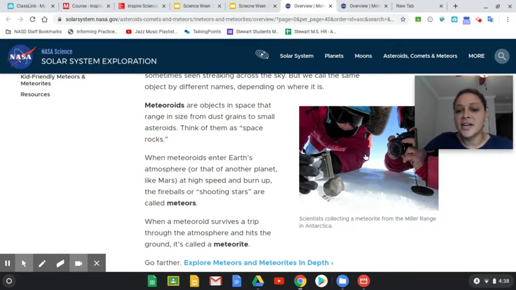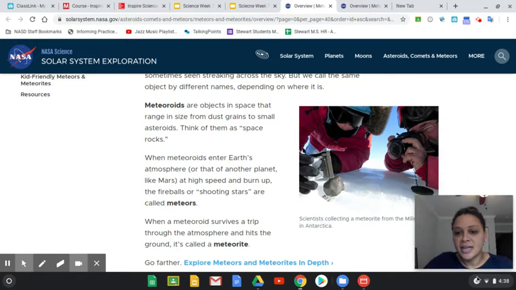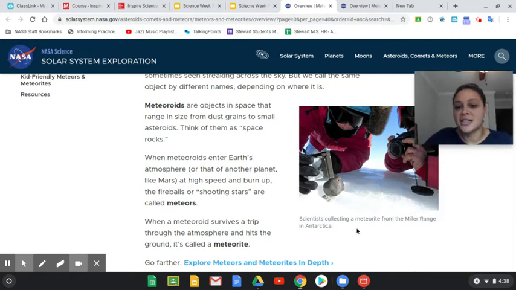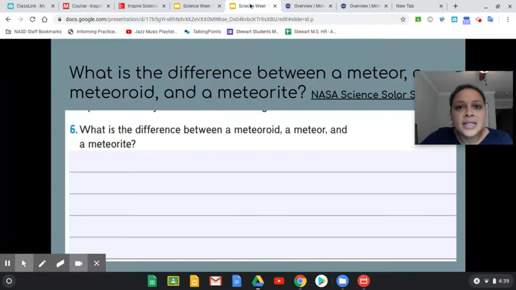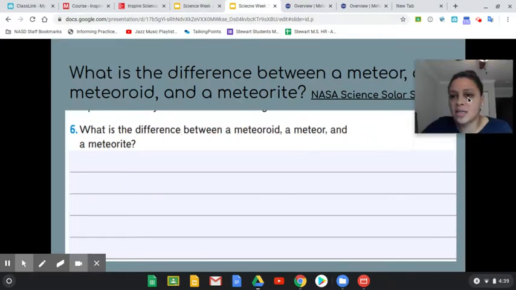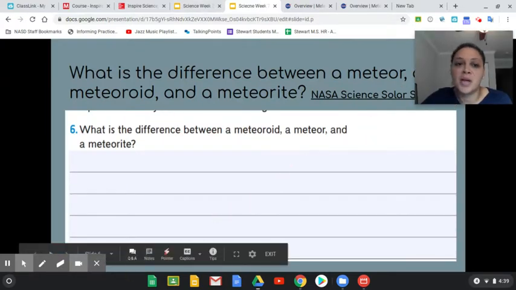All right, so look over here in this picture. It is a picture of scientists holding a meteorite in Antarctica, okay? And so I wanted to show you this website with some really great information. And so let's look back and answer this question. What is the difference between a meteor, a meteoroid, and a meteorite?